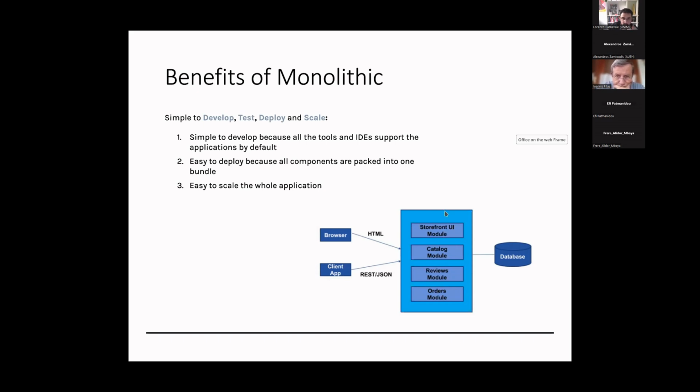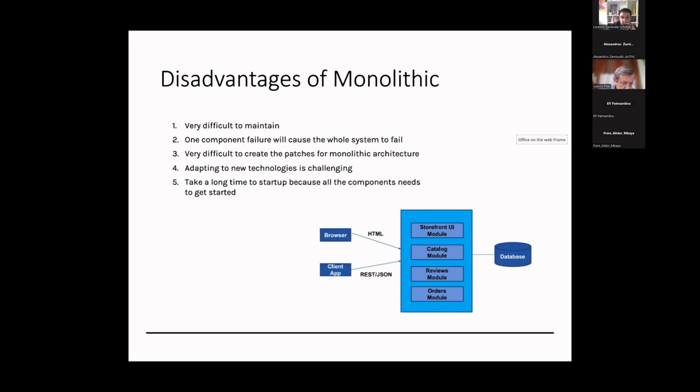And again for the reviews and the orders. It's easy to scale the whole application because if you need more resources, we have just to ask resources for the entire application. And this is easy to deploy, really, because we have just one single application to deploy, where inside there are different solutions.